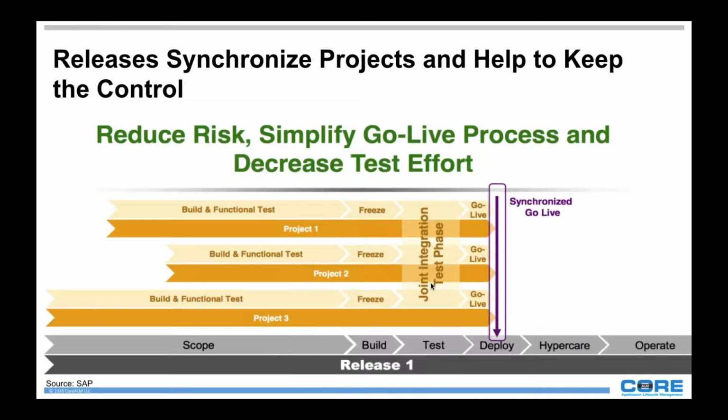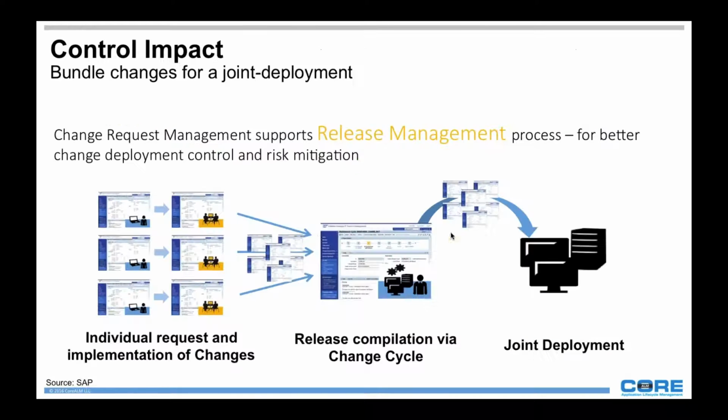I don't want anybody introducing any new change to this environment anymore, because we want to make sure all these different projects, we're all testing, everything is working before we actually can go live with this project, or we want to synchronize the go live. So the release planning tool will help you to organize, to manage these different go lives, these different projects, control the testing phase. This is the beauty of the release management cycle with Charm, everything working together.